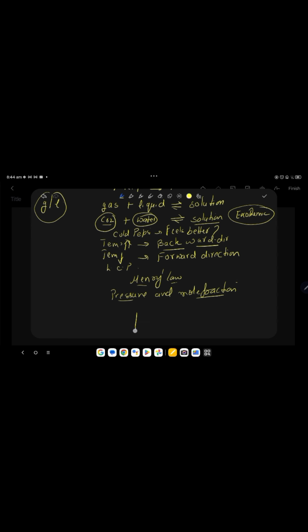That means if you have a beaker with gas present in it and there is only a small pressure of the gas on it, or if there is a beaker with more pressure, it will have more particles of gas dissolved in it. That is given by Henry's law: the more the pressure, the more moles of the gas will be soluble in the water.